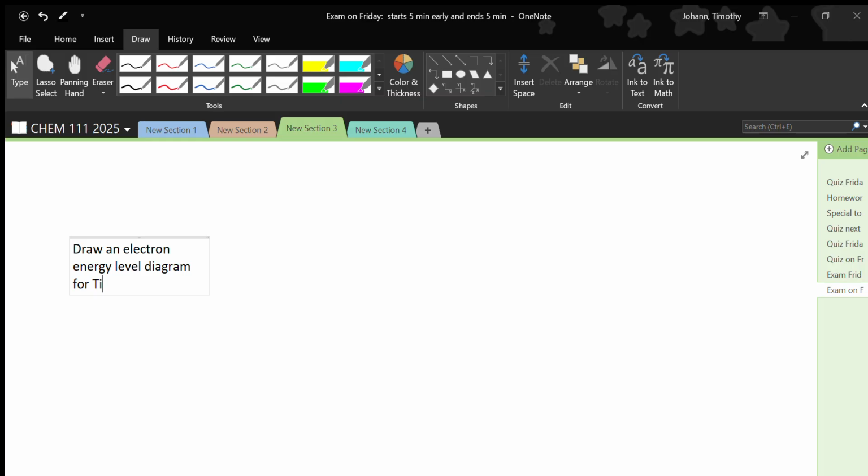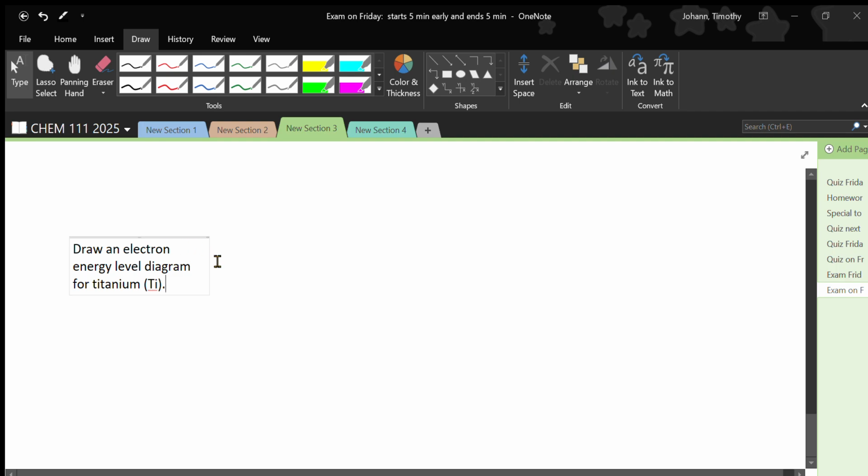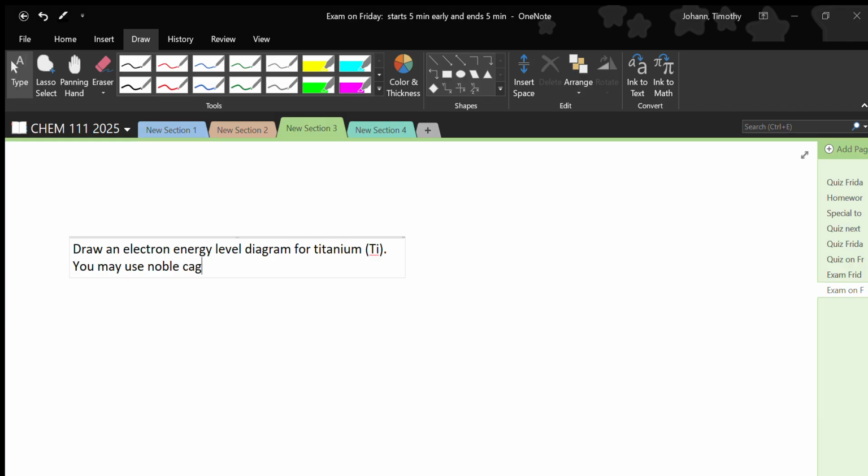For titanium. Okay. And you may use noble gas configuration. So we're going to use our noble gas as a shortcut.